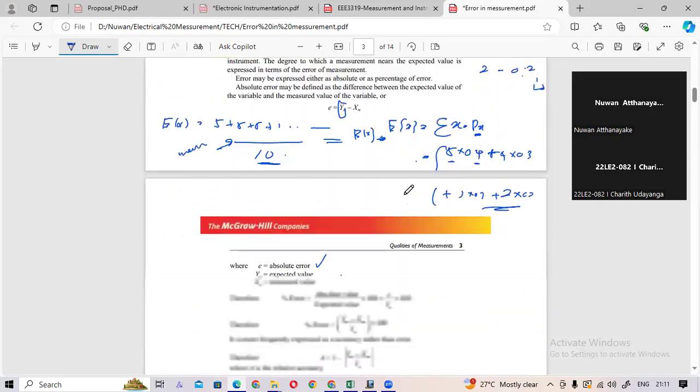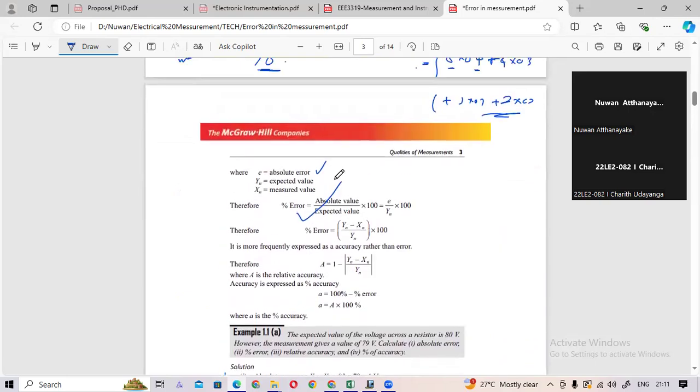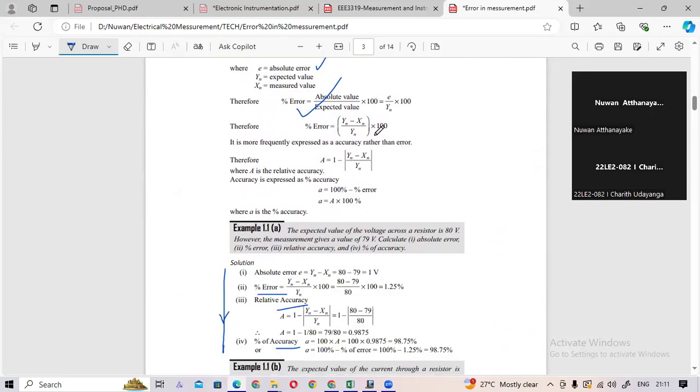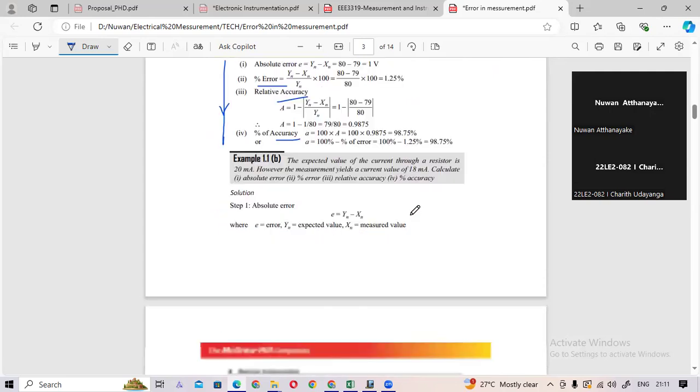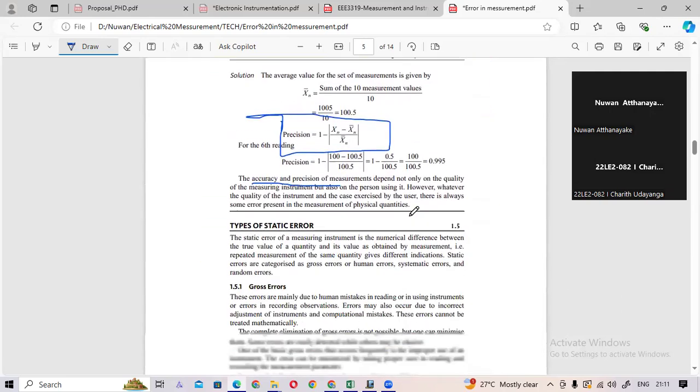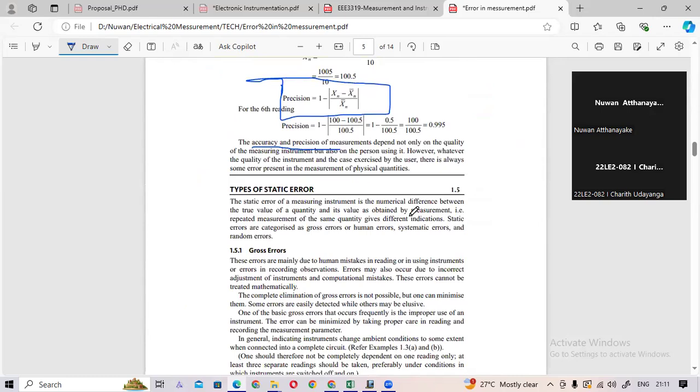You need to study at least the expected value, absolute error, relative error, percentage error, relative accuracy, percentage accuracy, and precision. So we will stop from here.